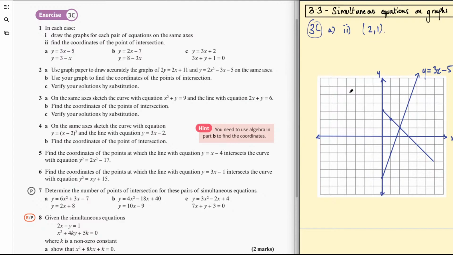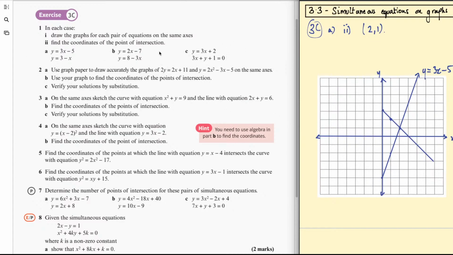So even though in reality no one would really do it this way for 2 linear equations, you might do it for, I don't know, maybe 2 cubic equations or something. It might actually be easier to graph them rather than to try to solve it algebraically. So that's the idea behind this.